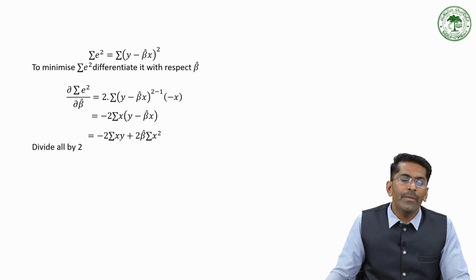Now I am going to equate it with 0 and also divide by 2. Dividing both terms by 2, it will become minus sum of xy plus beta hat sum of x square, as the 2 and 2 cancel out.